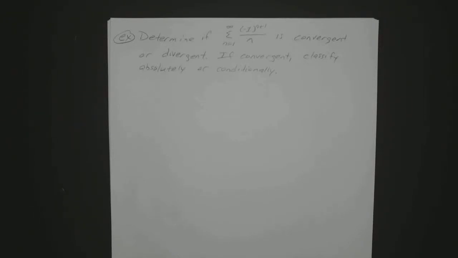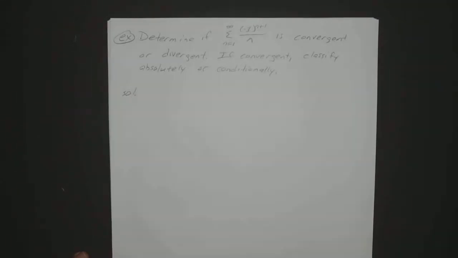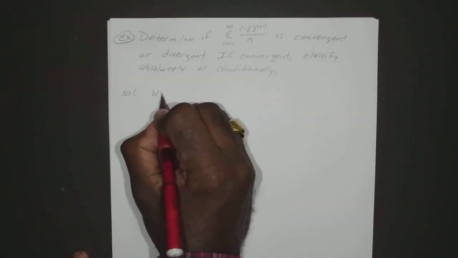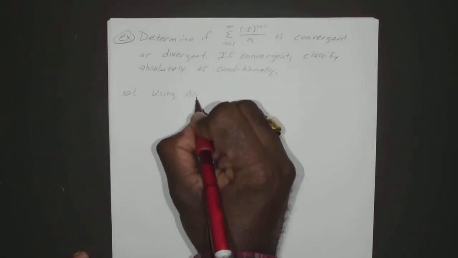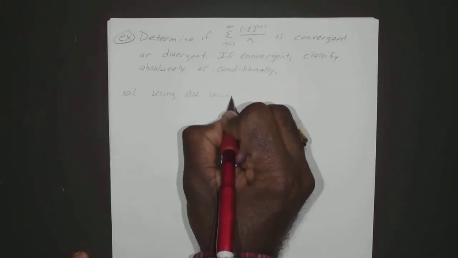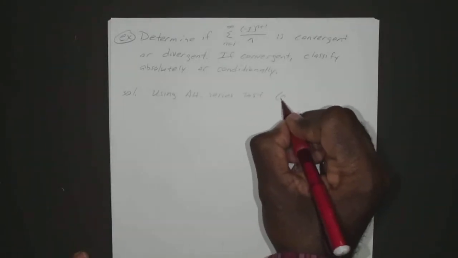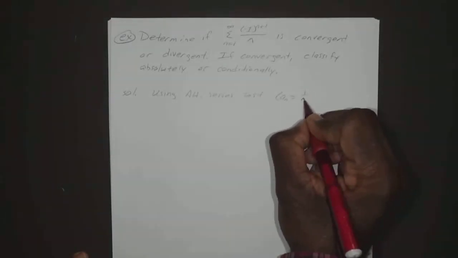So we actually solved this one earlier and saw that it converges, but we'll do it again using the alternating series test. We know our a sub n is equal to 1 over n.